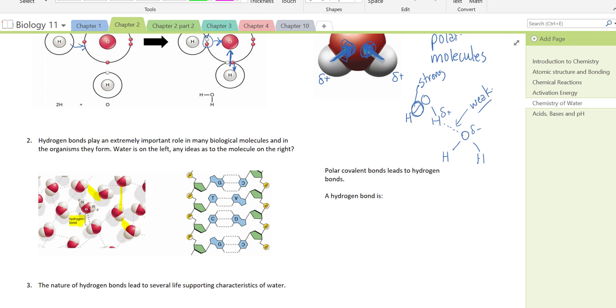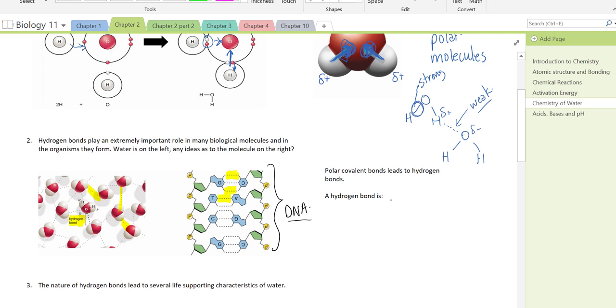And it doesn't just occur in water. Over here, there's a molecule in which it's also showing hydrogen bonding, and it's shown by those dotted lines in between. And we'll get to this much later on, but this molecule is DNA, all right, that hereditary molecule.